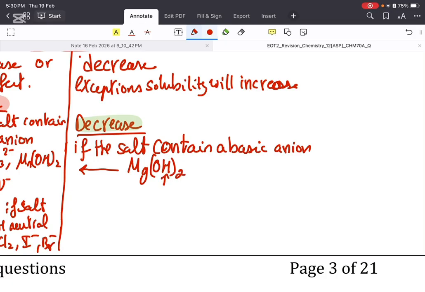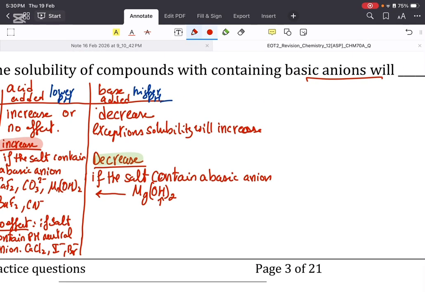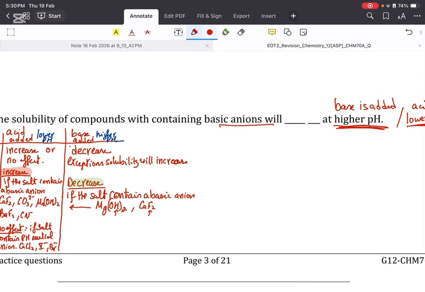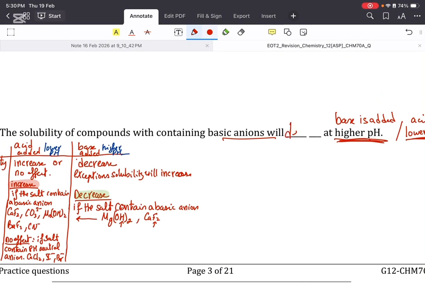That's a basic anion, and I added a base, so equilibrium is gonna go to the left. Or for example, calcium fluoride. That's a basic anion, so it's gonna go to the left, and the solubility will decrease.